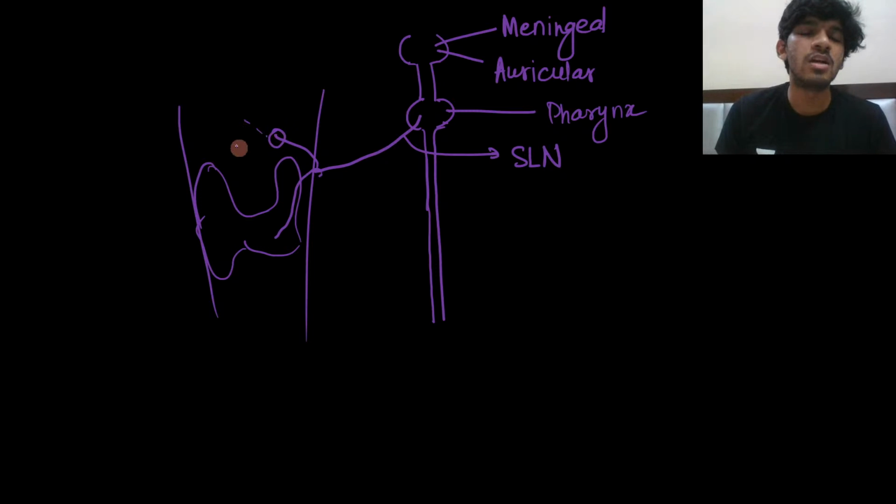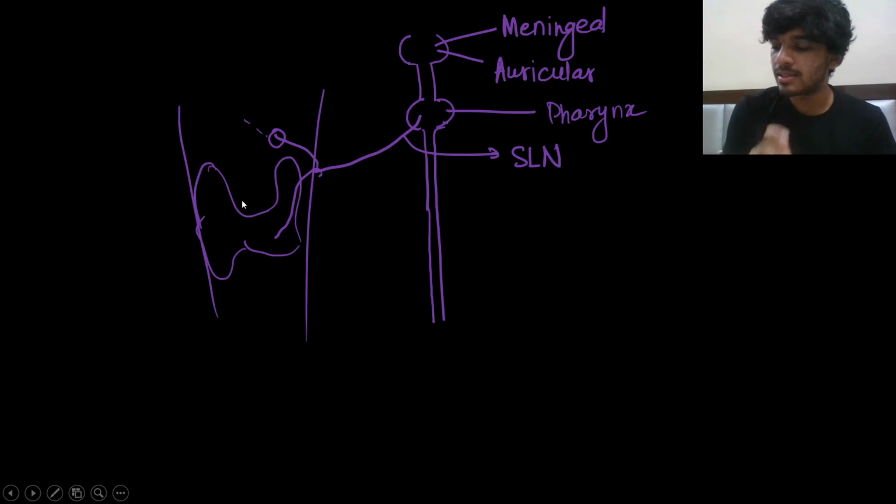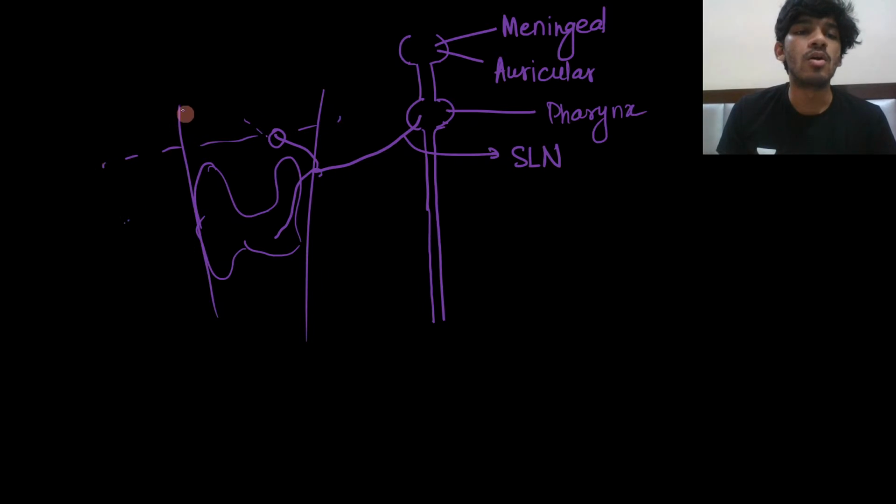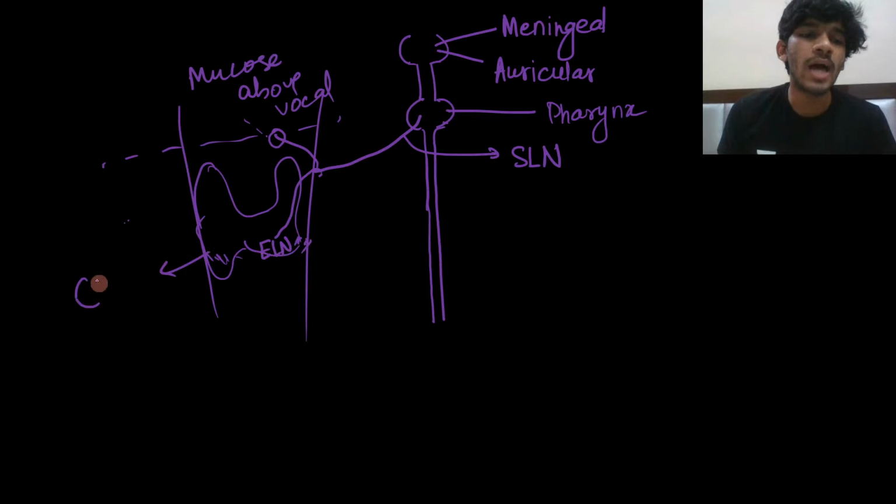The internal laryngeal nerve will enter inside and pierce the larynx, and it will supply the mucosa above the vocal cords. The external laryngeal nerve, which continues outside, will supply a muscle here known as the cricothyroid muscle.